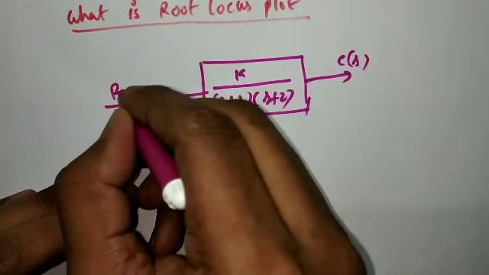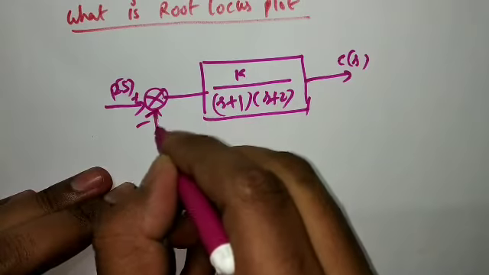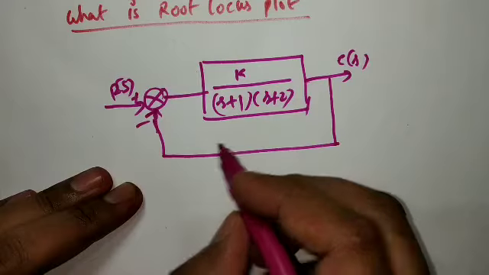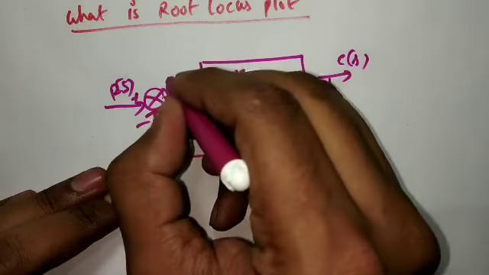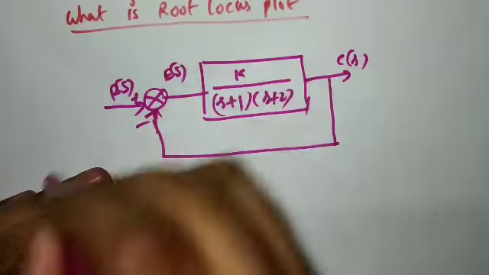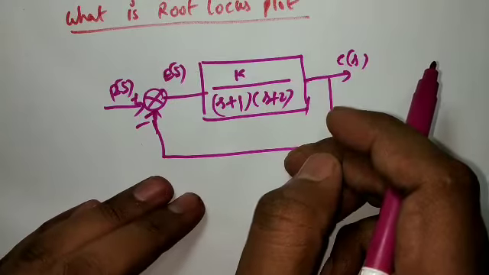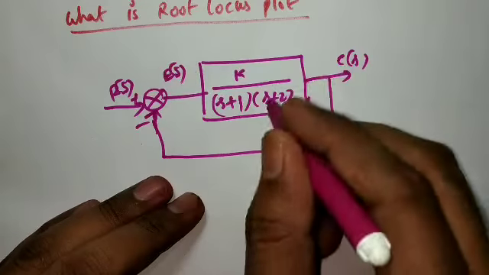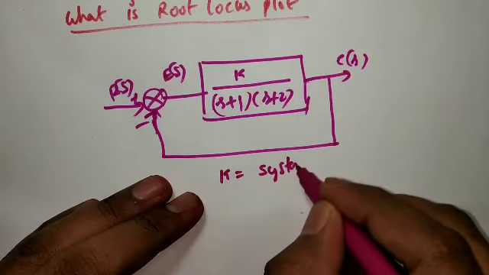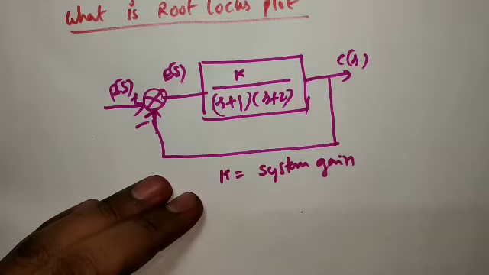This is your error detector, with the plus sign, and here is the negative feedback. It is a unity feedback. This is R(s), and this is E(s). Here K is the system gain.